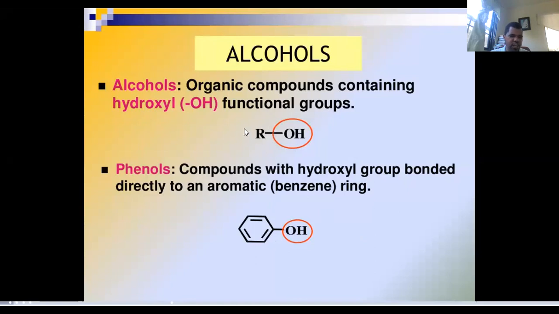R is any chain, could be a methane attached to OH or an ethane attached to OH or propane. It doesn't matter how many carbons it has. R is the representation of any chain. That chain attached to the OH forms an alcohol. Notice OH by itself is not alcohol. You need to have both things.